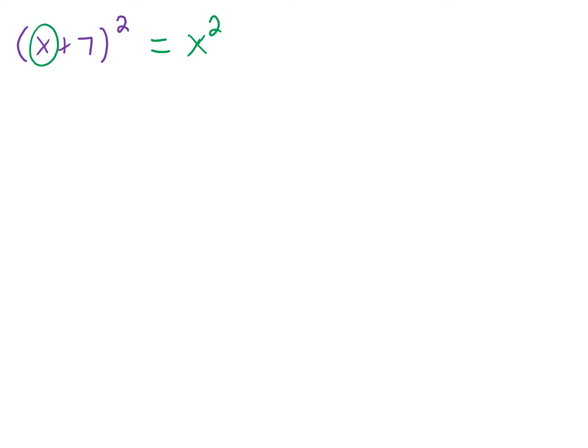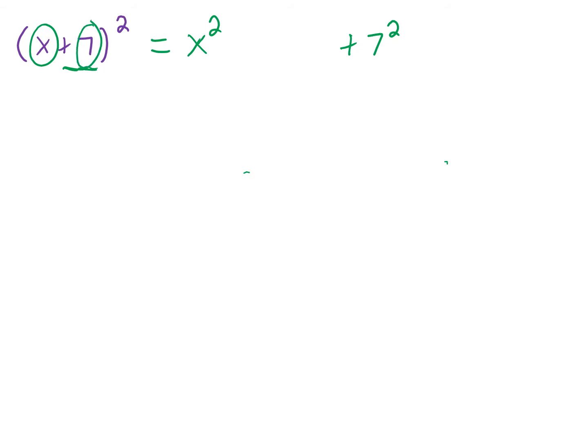The last term, you square the last term. So you have to square the 7. I'm just going to go ahead and write plus 7 squared. It's plus because we're squaring. If you look at this as 7 or as plus 7, either way, if you square 7 or plus 7, you get a positive answer, plus 7 squared. I know it's 49. Let me go ahead and write that in the next step. So you square the last term to get the last term.